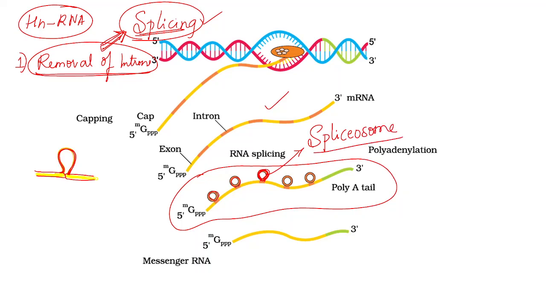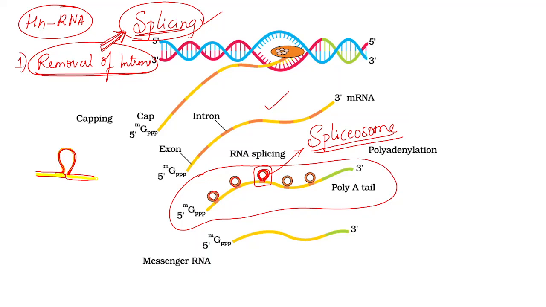Spliceosome. The proteins which bend and make the intron a loop ultimately remove it from the hnRNA. So this particular structure which is formed is called spliceosome. By means of spliceosome formation, the removal of introns will take place, and the process is called splicing.